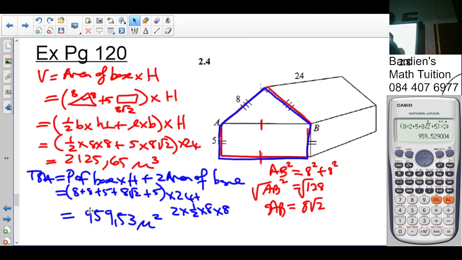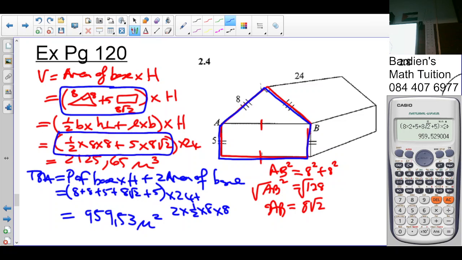Twice area of base. The whole shape is your base here, so I had to use this whole thing. I only used this part, which is the triangle. So I'm wrong here. You're supposed to have gone 2 times your base.